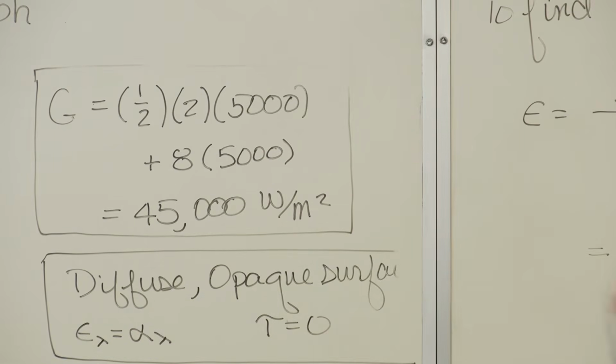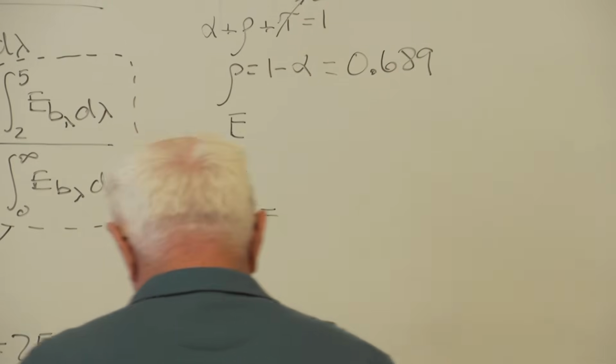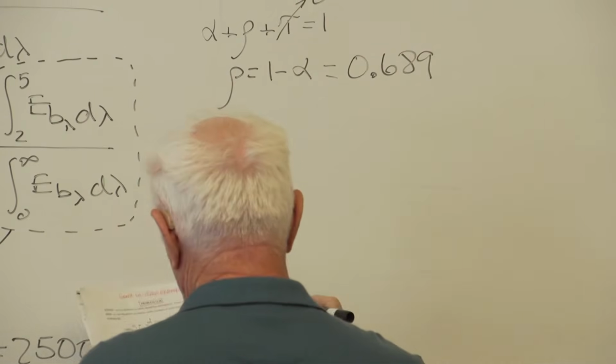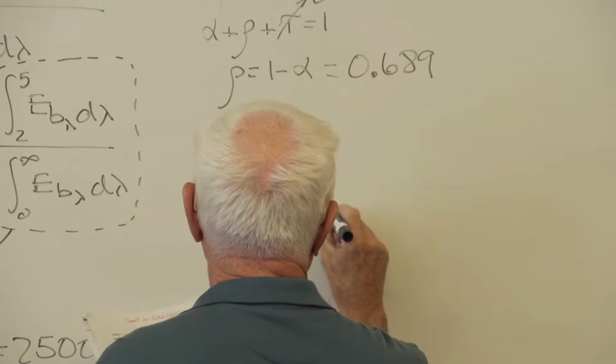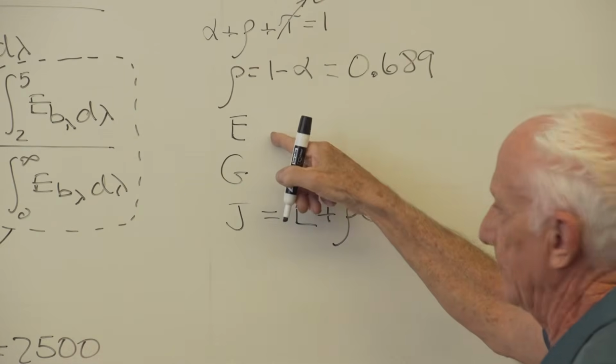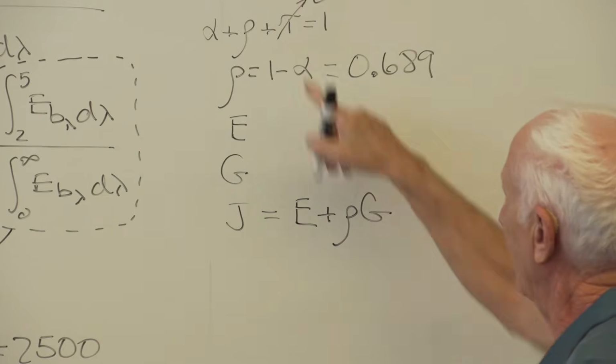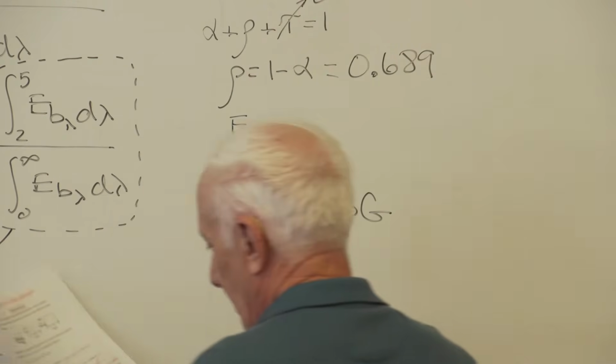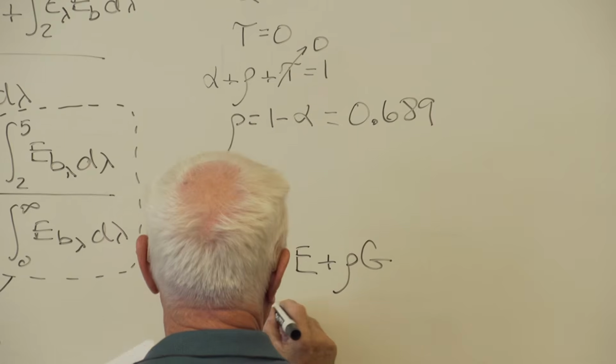What's left? Oh, there's a capital J, radiosity. Okay, my capital J is E plus rho G. I've got E, it's right here. I've got G, it's right there. I got rho, it's right up here. I got everything. J is 105,750.